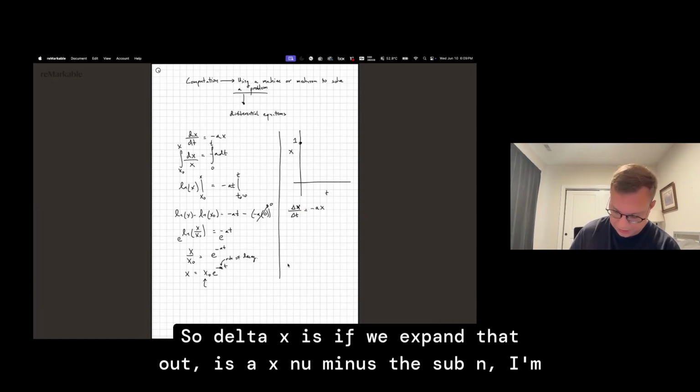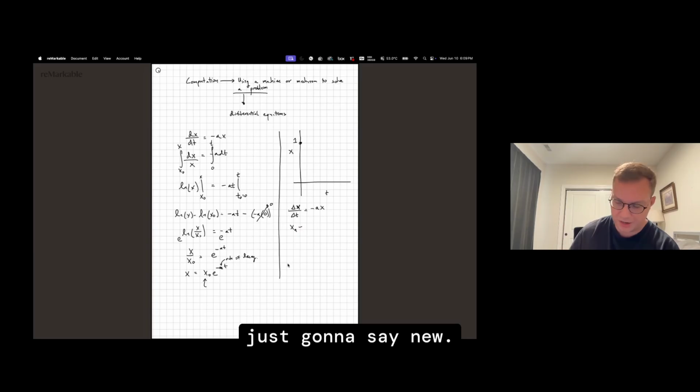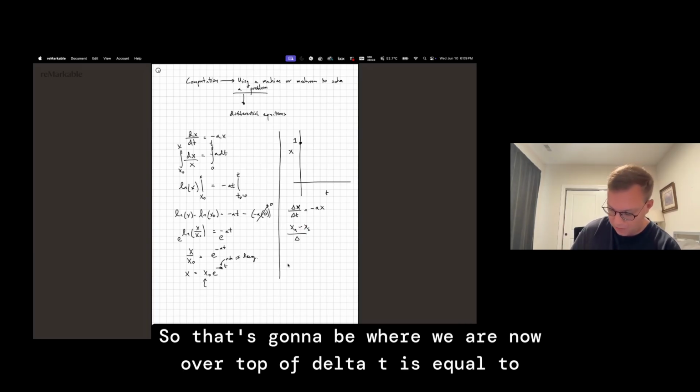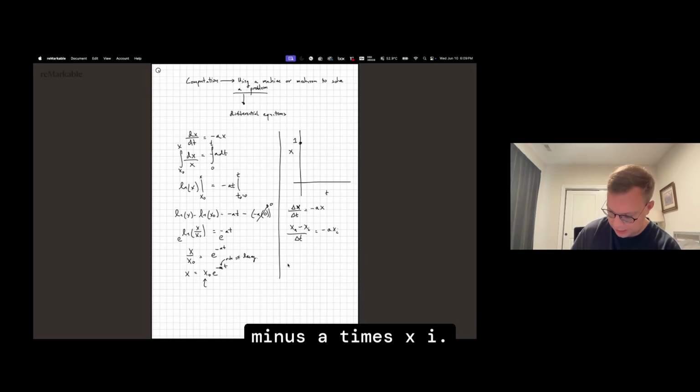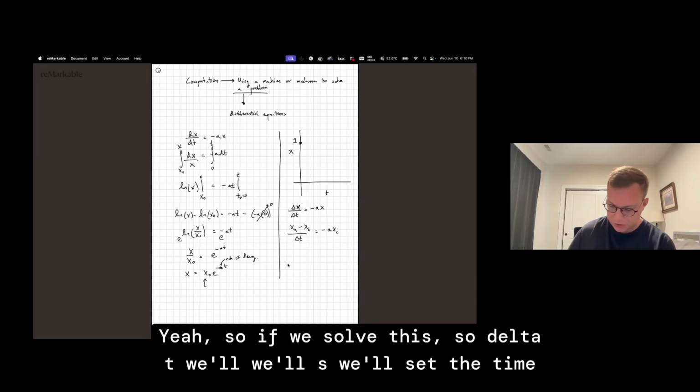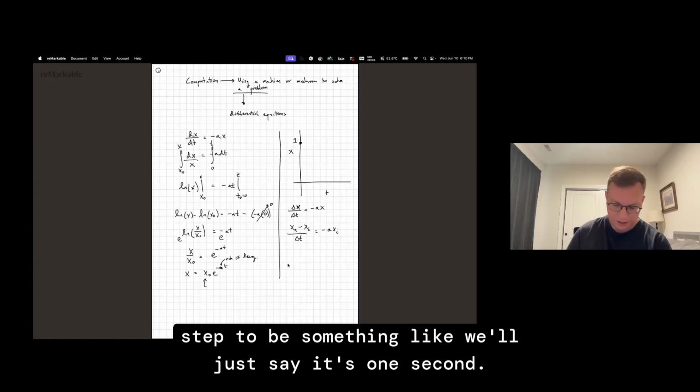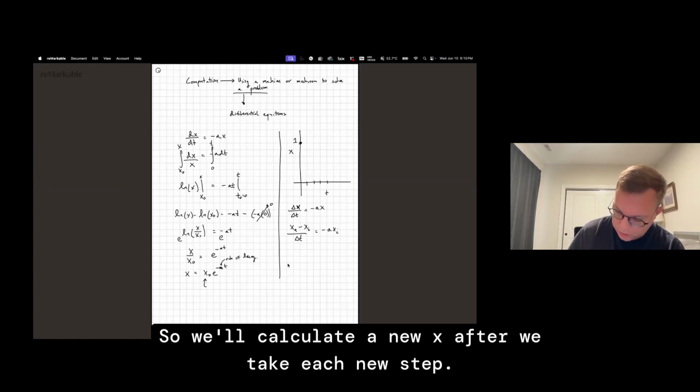So delta x, if we expand that out, is x new minus x sub n. I'm just going to say x new is equal to x i. So that's where we are now, over delta t is equal to minus a times x i. If we solve this, we'll set the time step, delta t, to be something like 1 second, and we'll calculate a new x after we take each new step.